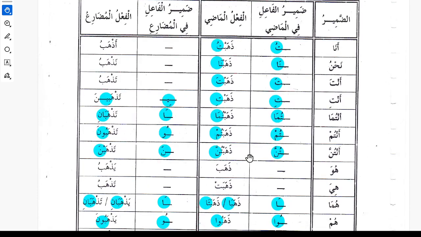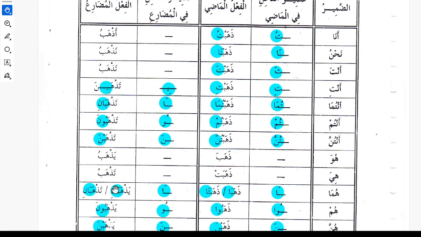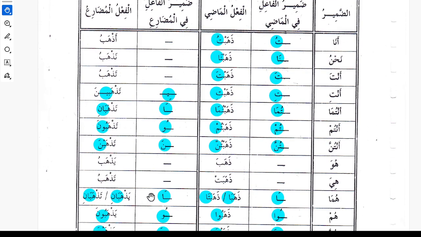So that is the past tense. For present tense, zahaba will change to yazhabu, ya is added, and for huwa and hiya it changes to tazhabu. For huma, yazhabani or tazhabani. The damirul fa'il in mudari is alif in both cases.